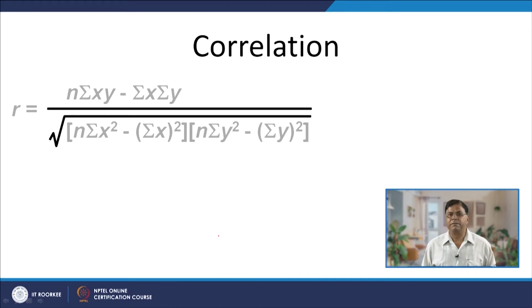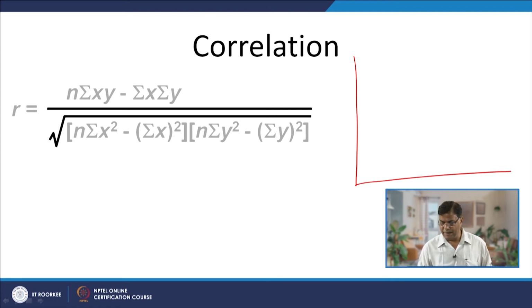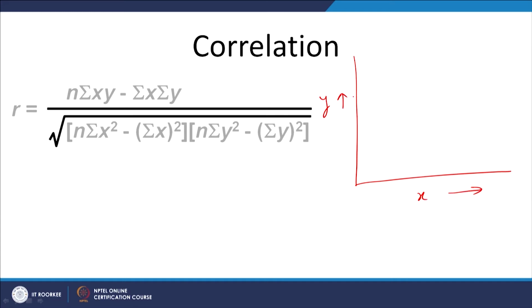Many times what we see is that the data is plotted on the x axis and y axis, and we do not really know what kind of relationship there is. There is no typical trend like what we have seen, where we can show the relationship y is equal to a plus b x.